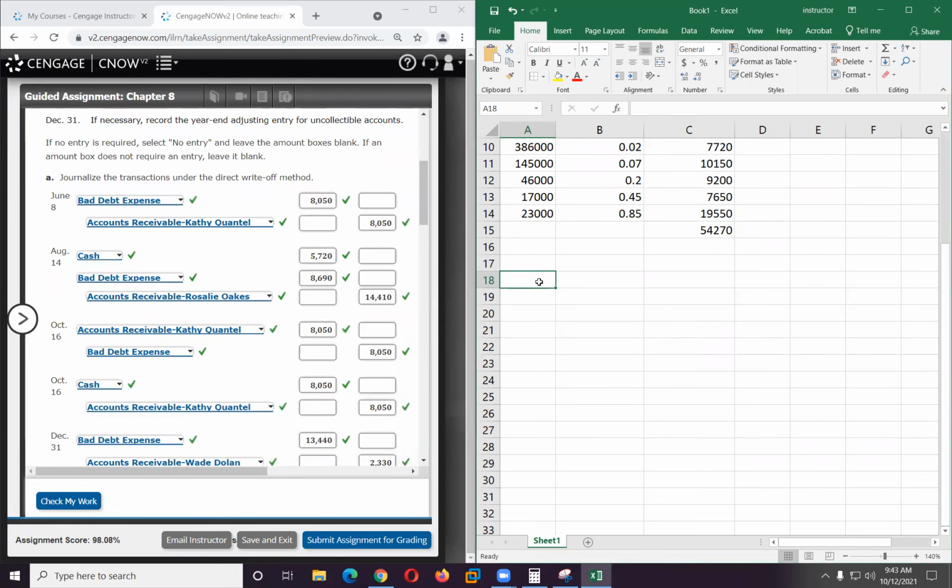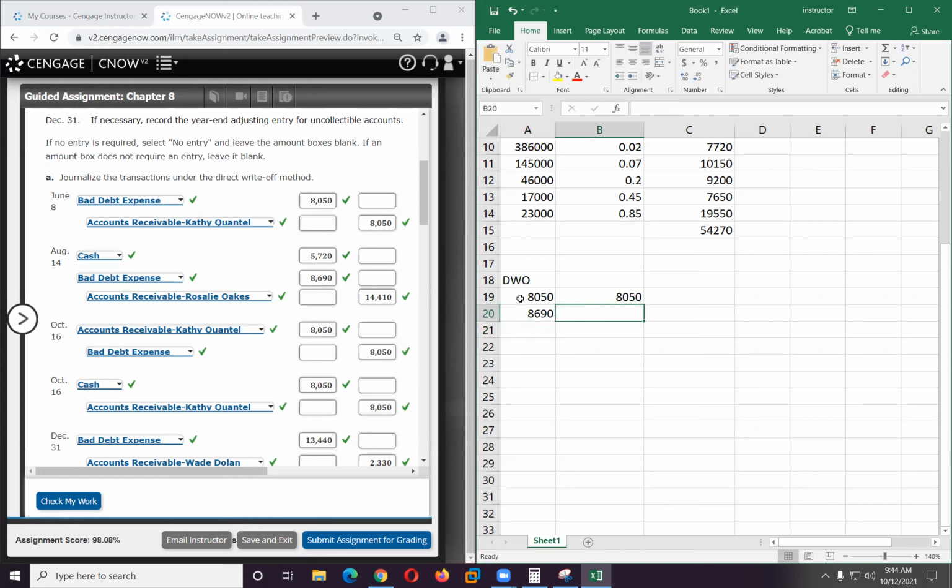Okay, so under the direct write-off method, I had a bad debt expense of 8,050, a bad debt expense of 8,690, and then I removed that 8,050, right? So I'm going to do a negative expense, but because I credited expense, I guess I could do it that way too. I could do it as a journal entry.